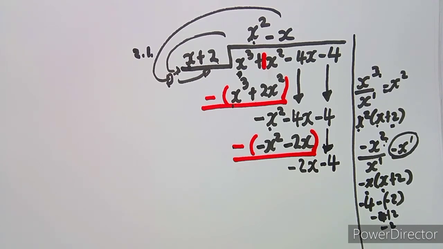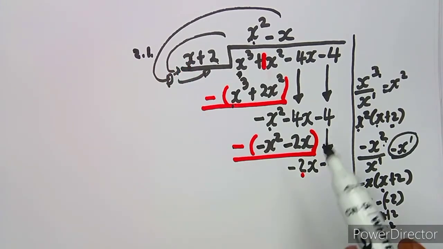Then we have to divide again so that we can multiply. That is what you're going to do in this case. If we divide, this is going to be minus 2x divided by x, which is minus 2.